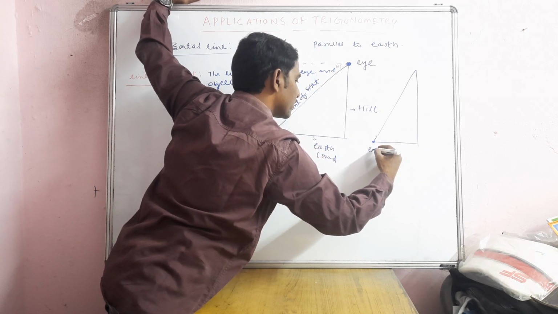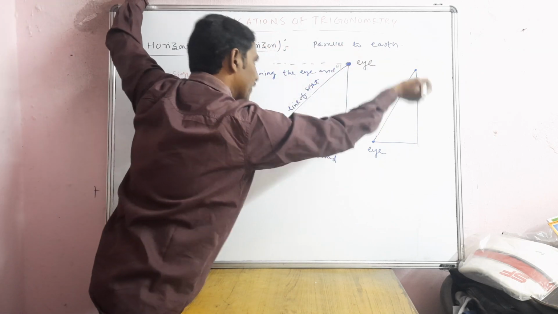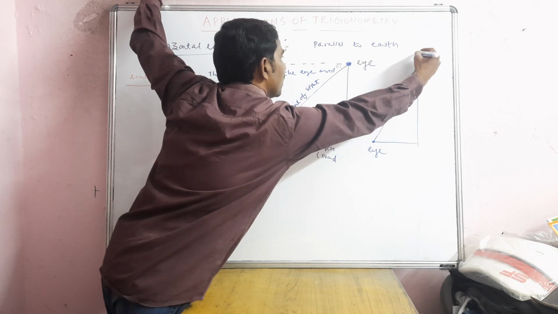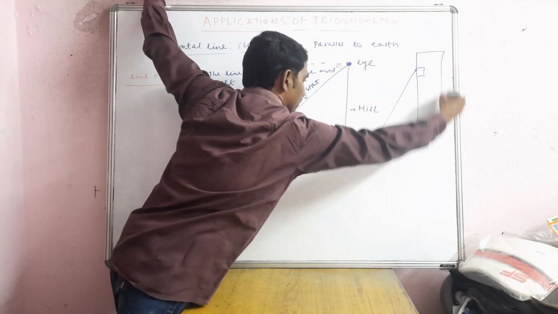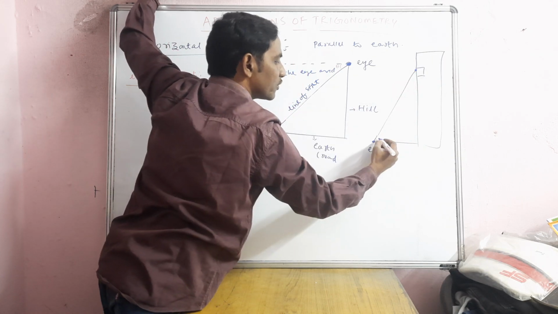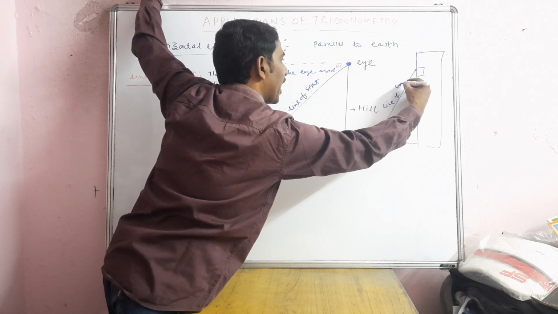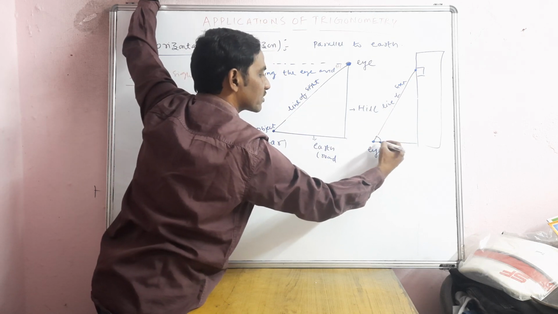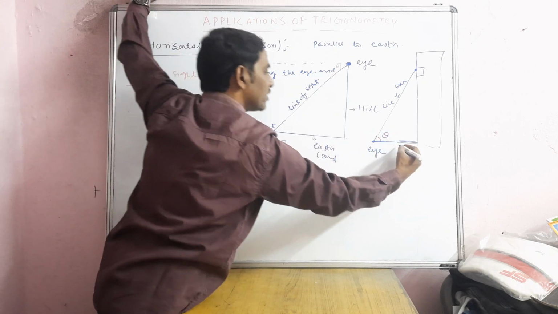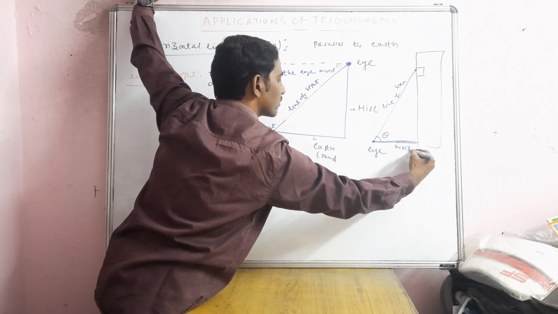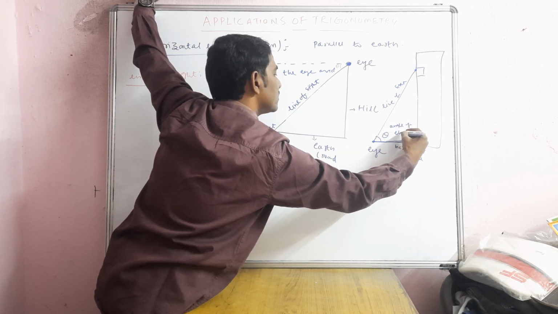You are seeing the top of a building or the highest point of a mountain, or even the window of a house. This is the line of sight. No horizontal needs to be drawn because the earth itself is horizontal. The angle between the line of sight and the earth, or horizontal, is called the angle of elevation. So you have to remember these two things.